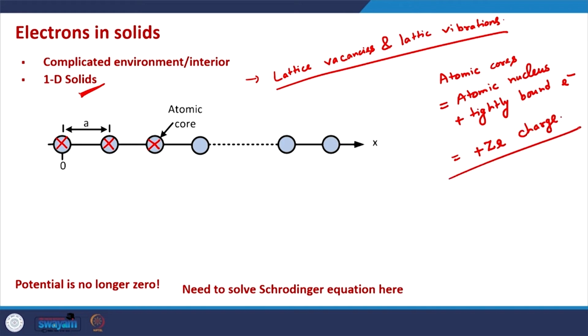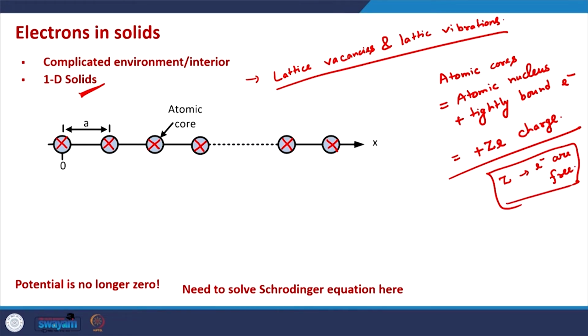What it means is that in an atomic core, a nucleus is there, and some electrons are so tightly bound that we consider this entire system, the atom plus tightly bound electrons, as one system, but Z number of electrons are free, which means that from each atom Z number of electrons are free to move in the entire solid.